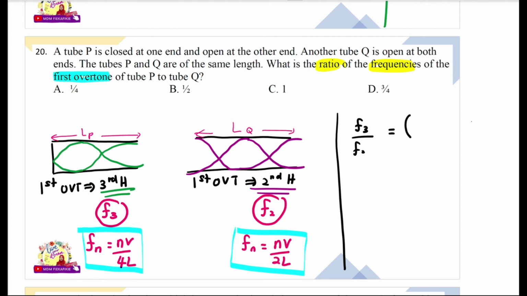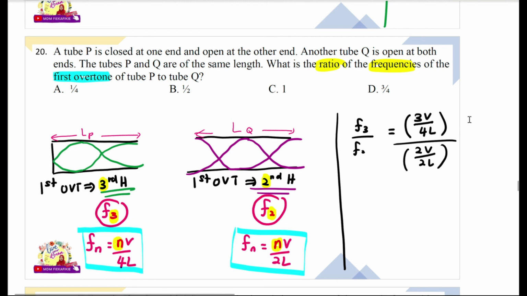N is the number of harmonics. Bukan number of overtone. And here is the number of harmonics, which is 3. Okay, this one is equal to 2. So, kita akan masuk NV over 4L. So, 3V over 4L. Bahagi dengan 2V over 2L.